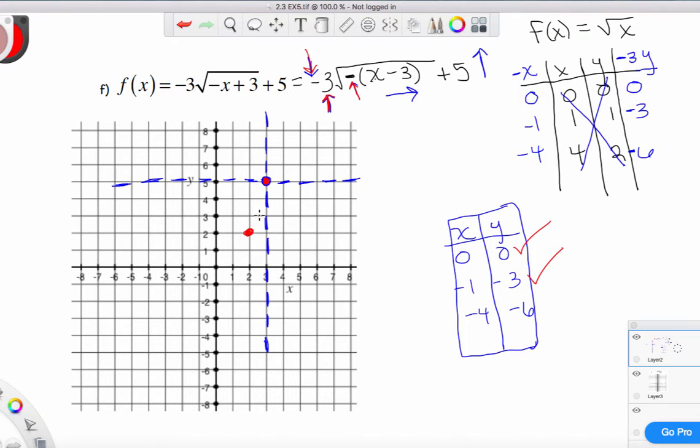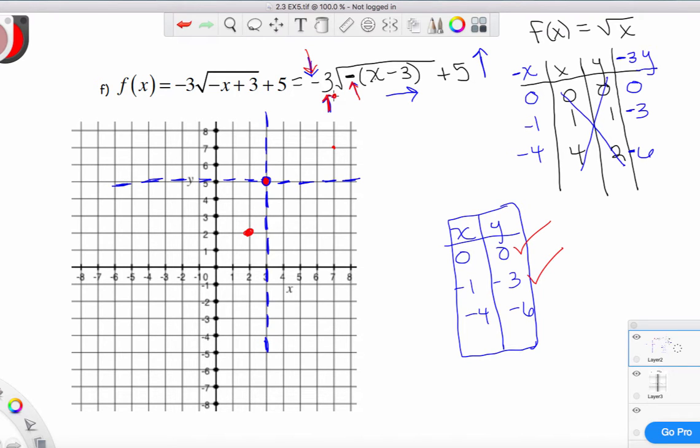All right, I have one more point that I have to graph. So the last point that you graph with the square root function is over 4, up 2. So I go over 2, 3, 4, up 2. But instead of being over 4, up 2, I need to be triple that amount. So over 4, up 1, 2, 3, 4, 5, 6, which I'm all the way up here.